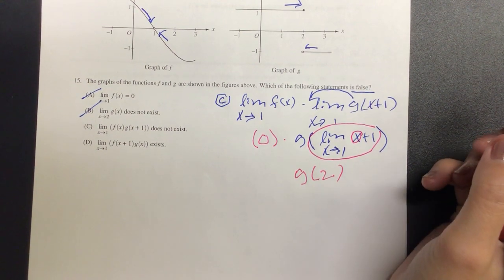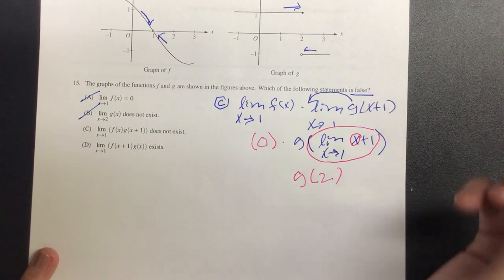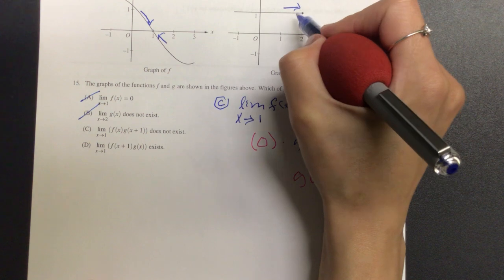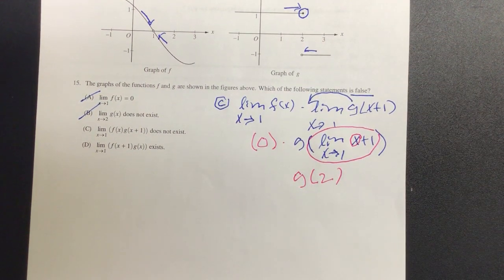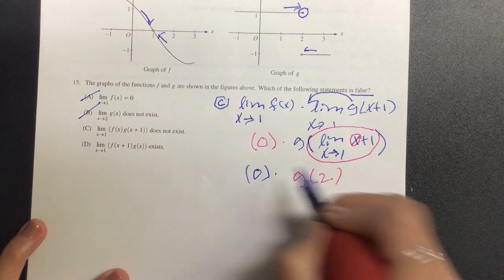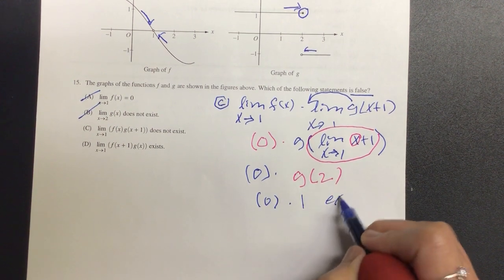At g of 2, do I have anything at g of 2? Yes. At g of 2, we have some number, and that number is called a 1. I know that's open circle, because g of 2 means when x equals 2, what value of y do I get to? So really in the end, I should write out 0 over here. So we have 0 times 1, and it does exist.